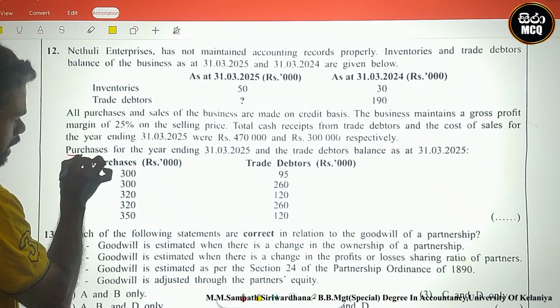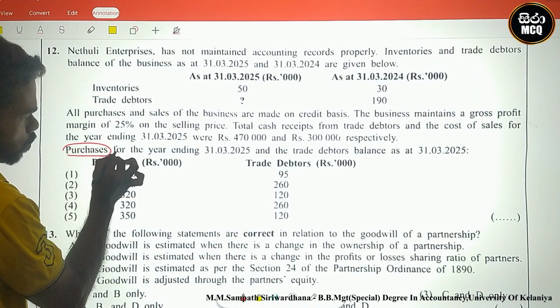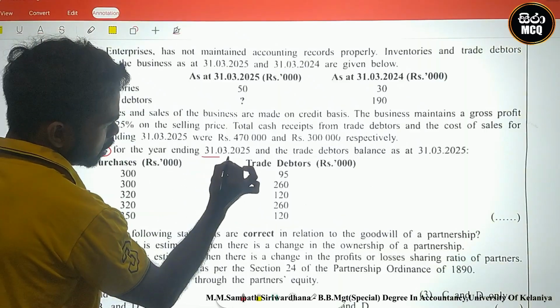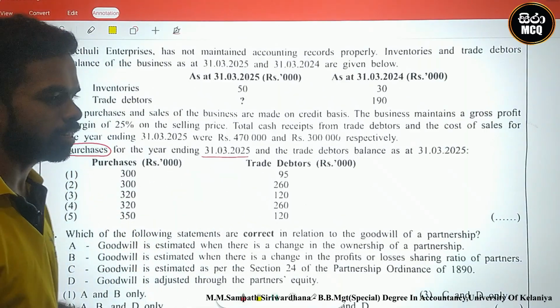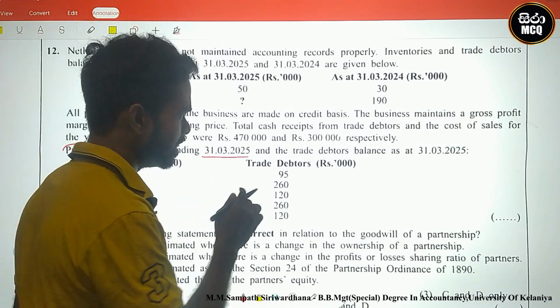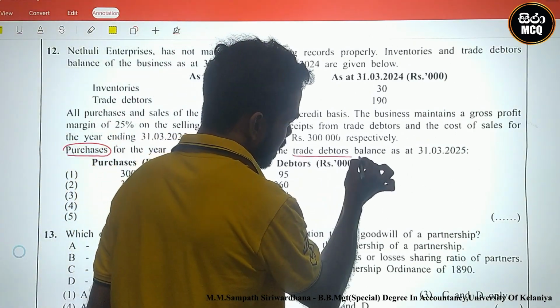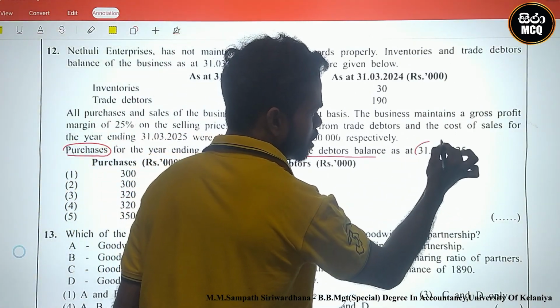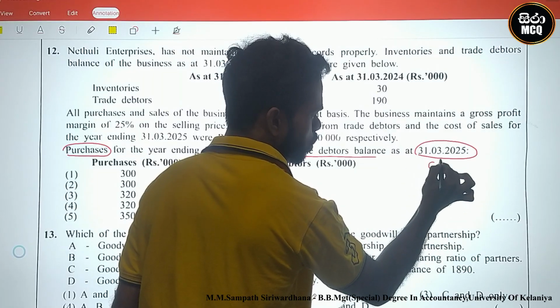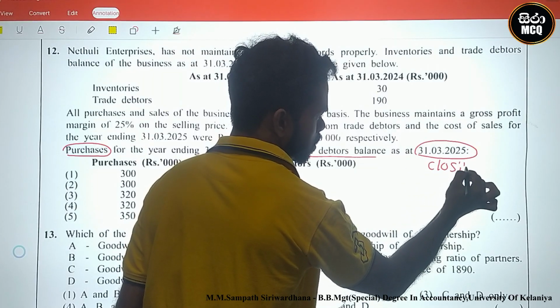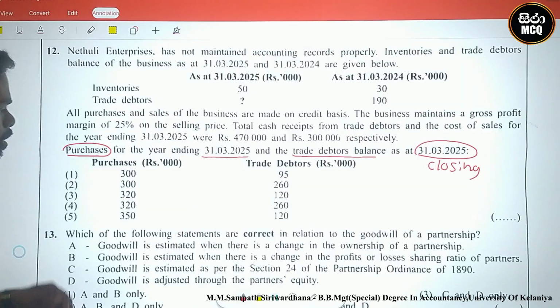Purchases for the year ending 31st March 2025, the total purchasing, and the trade debtor balance as at 31st March 2025. This is the closing. What are the requirements?